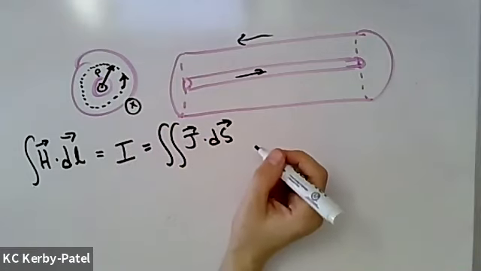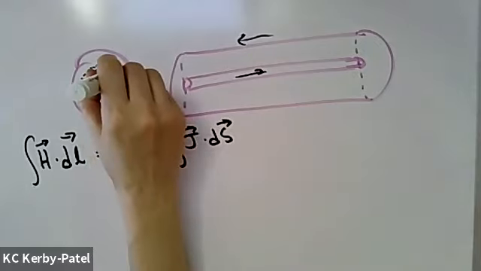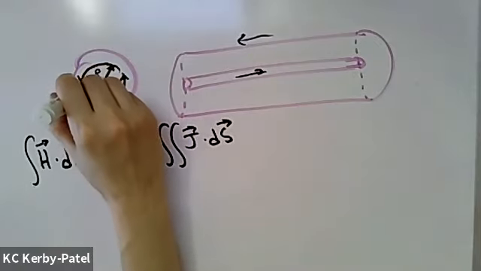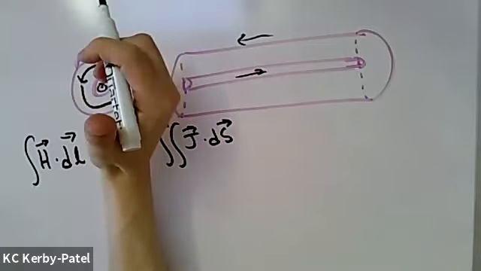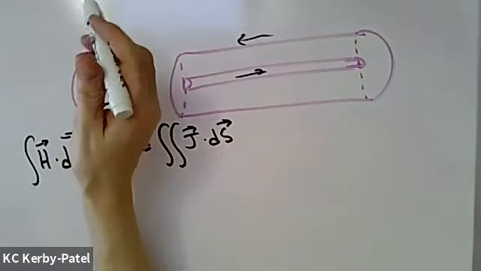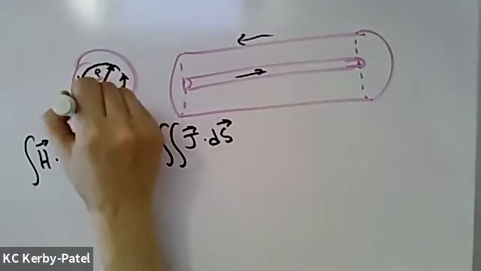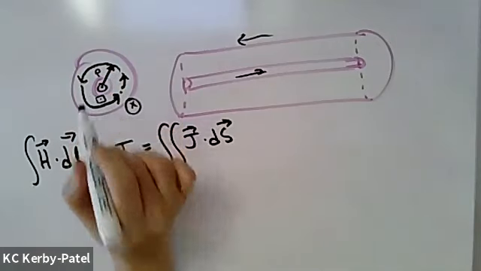Because I need to have this dl, the direction of the contour, be right-hand rule-wise oriented to the direction of this surface normal vector. So in this case, since I've defined the contour to be counterclockwise like this, the surface normal vector should be out of the board.